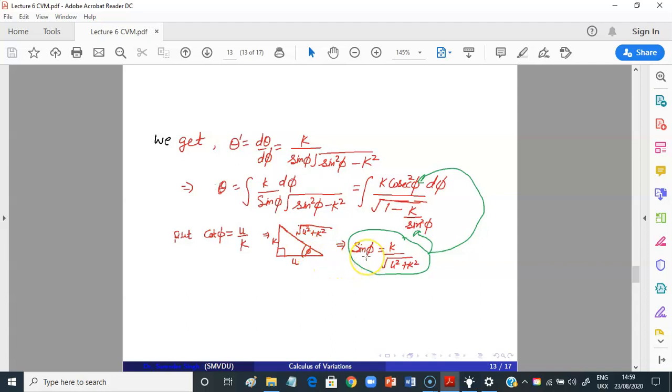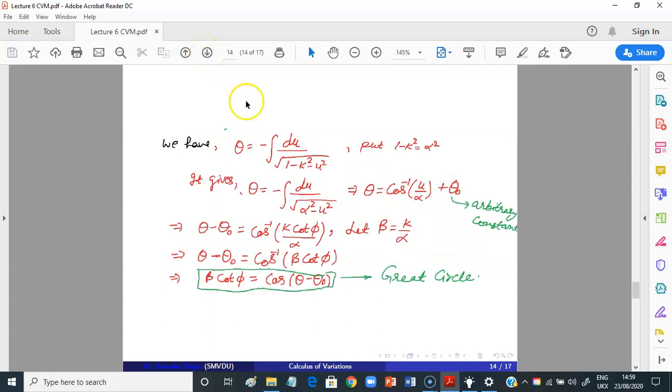So here the value of sine phi comes out to be perpendicular over hypotenuse, and cosecant phi is the reciprocal of this. Substituting these values for sine square phi and cosecant square phi, after simplification it will give us theta equal to this quantity.